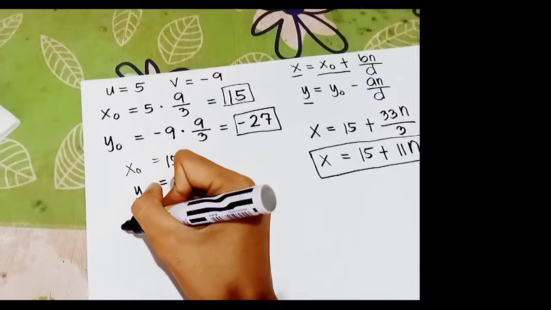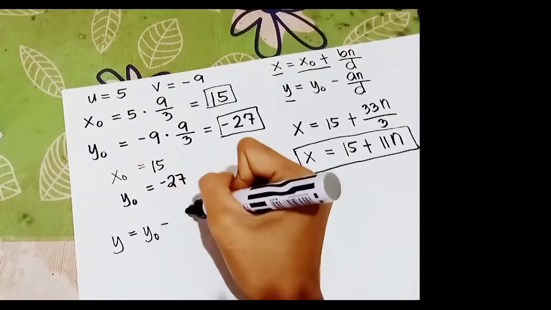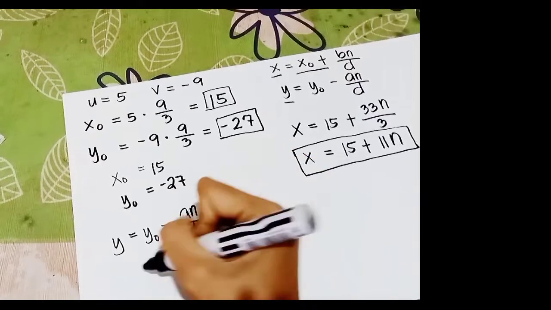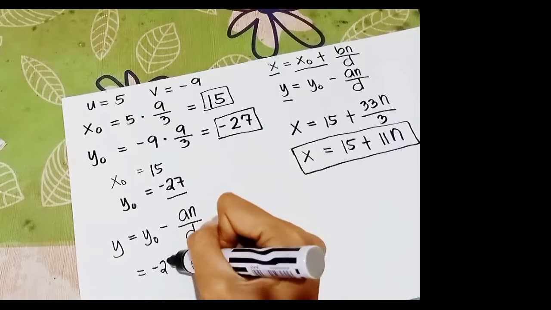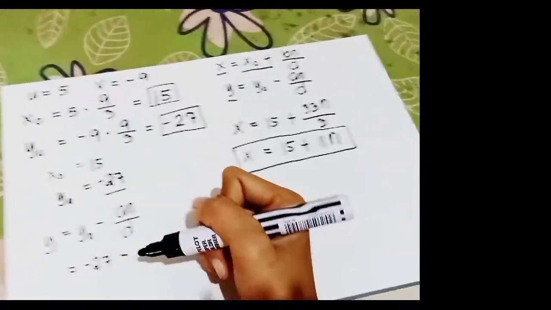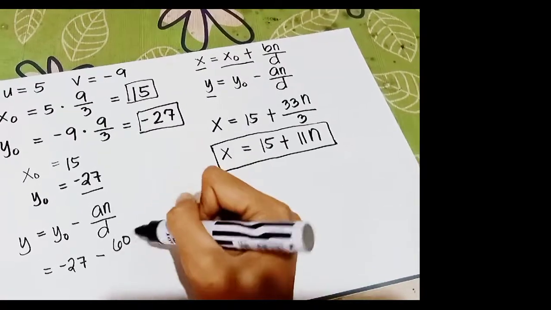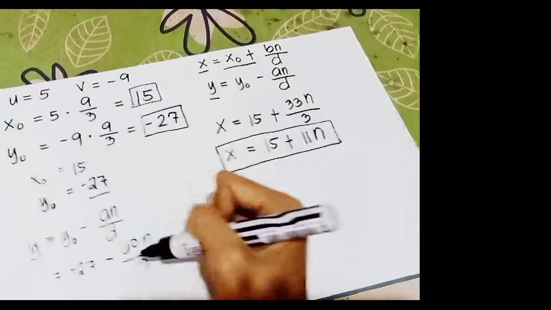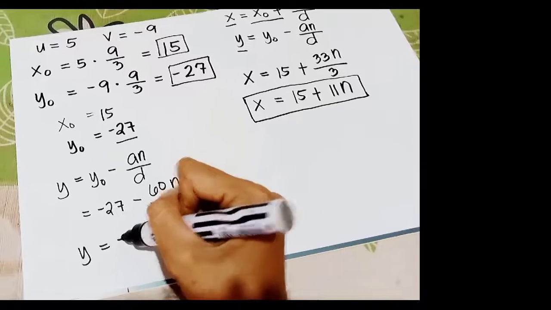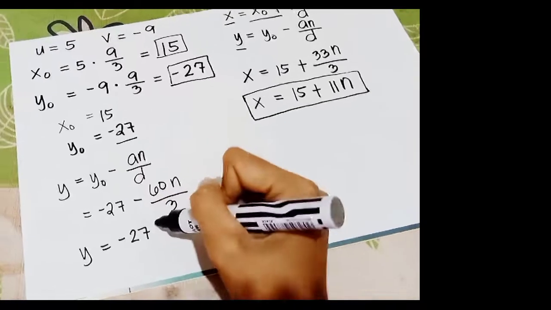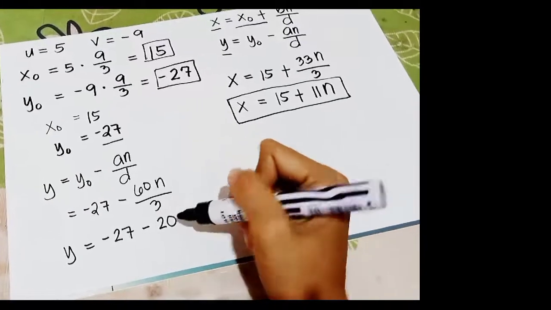Now for y, y equals y0 minus a over d, which is negative 27 minus 60 over 3. 60 divided by 3 is 20.